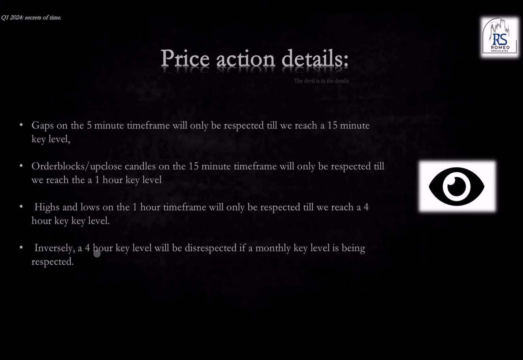Inversely, a 4-hour key level will be disrespected if a monthly key level is being respected, because in trading, everything can be inverted. Order blocks, breakers, FVGs, even concepts. A famous saying of mine is, every exit is an entry and every entry is an exit.